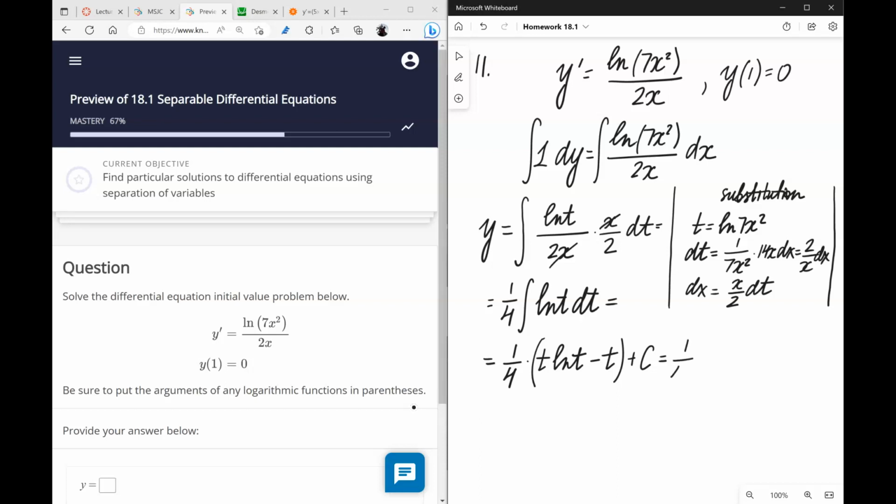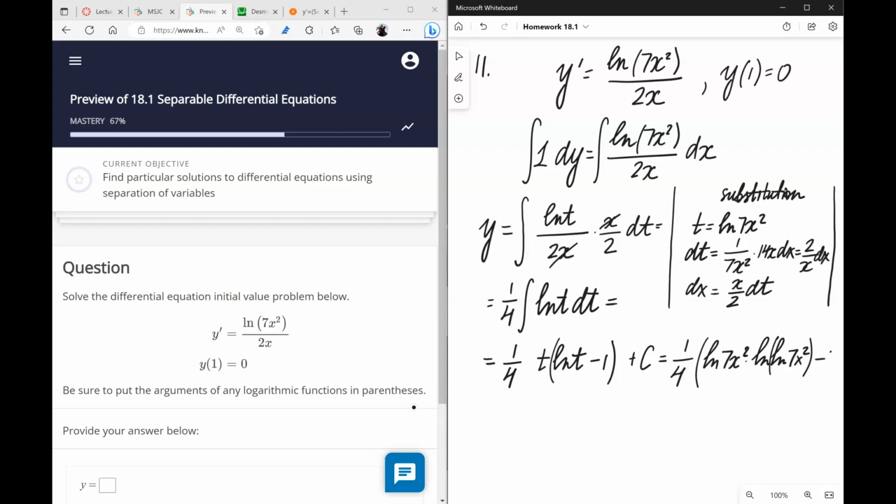So it's going to be 1/4 ln of 7x squared times ln of 7x squared minus t, which, I guess we can just take out t here, put -1 here, and then we don't need this external parentheses, so we can be a little efficient, right?